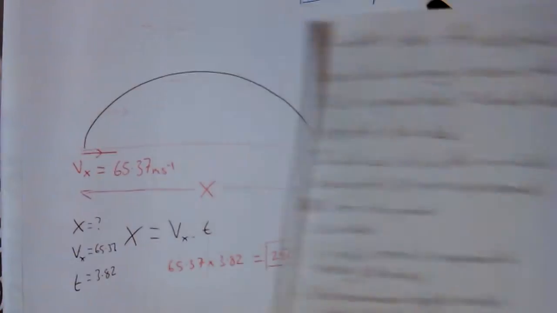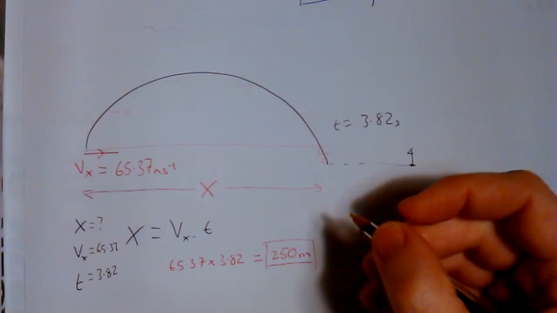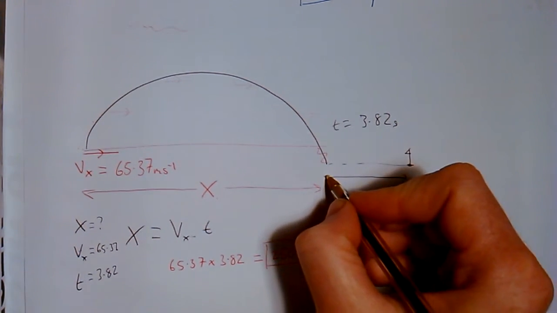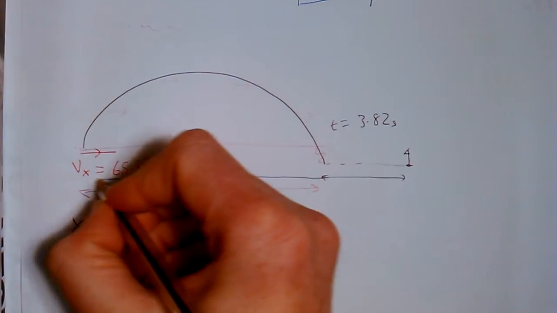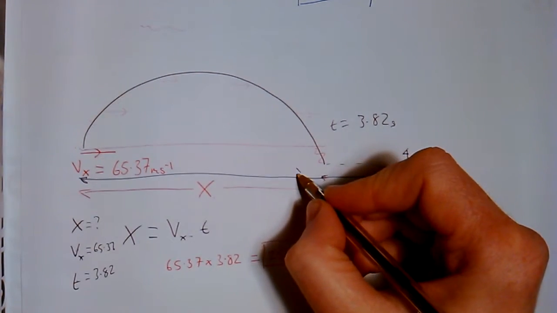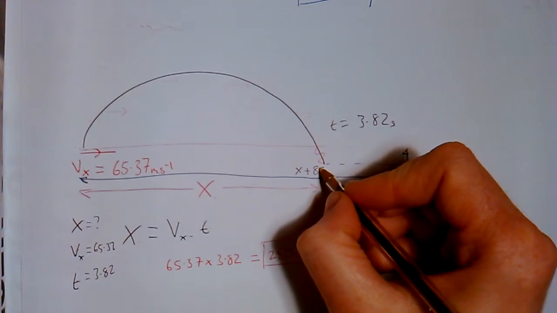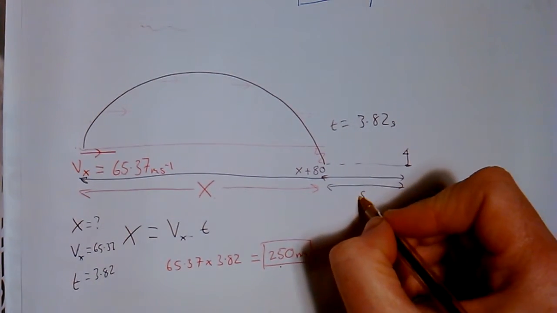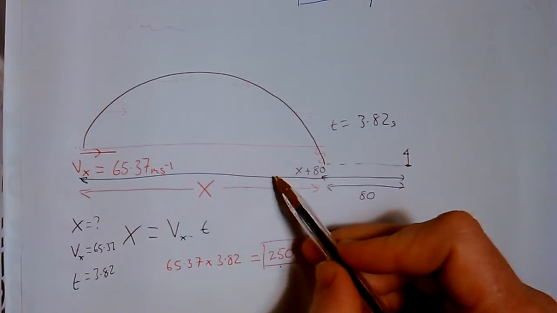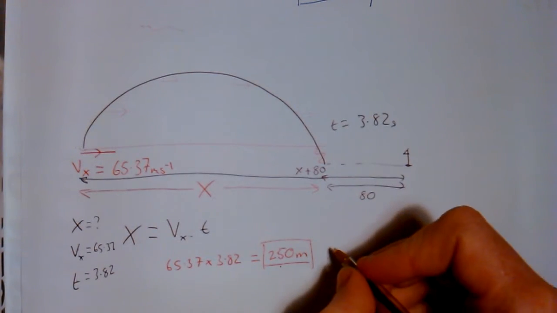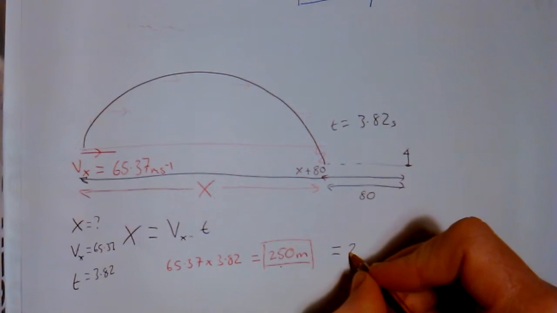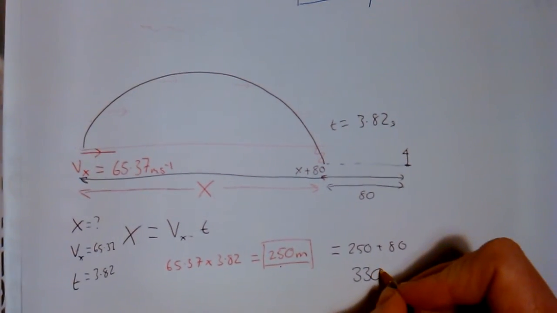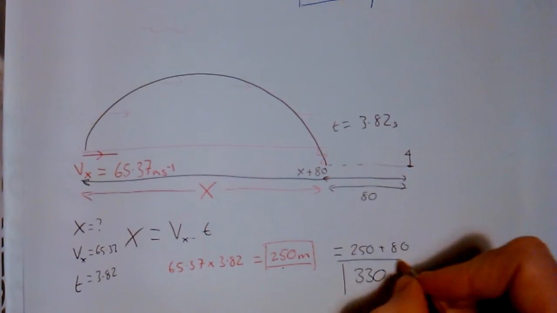So all we need to do is just add that bit on, because this entire distance is x plus 80. We've worked out x, and just this bit here was 80. So the answer would therefore be 250 plus 80, so we get 330 meters.